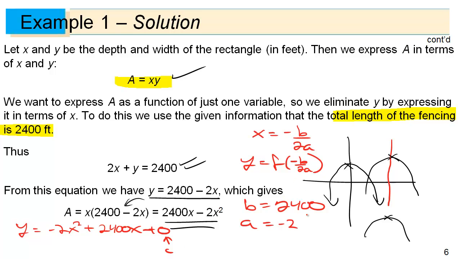So minus b over 2a is just simply going to be -2400 all over -4, 2 times -2. So we're going to get 600 equals x.